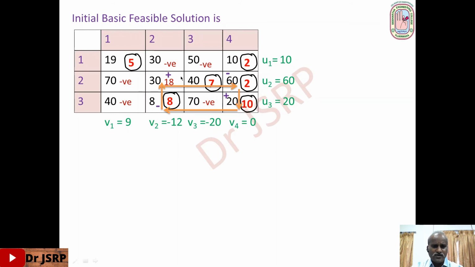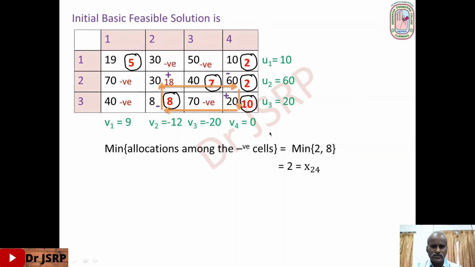Okay, right. How do you improve the solution? First, among the negatively signed cells, these two are negatively signed cells, these two are positively signed cells. Among the negatively signed cells, find the minimum allocation. So the minimum of allocations among negatively signed cells is 2, corresponding to the 2,4 cell, that is X24.